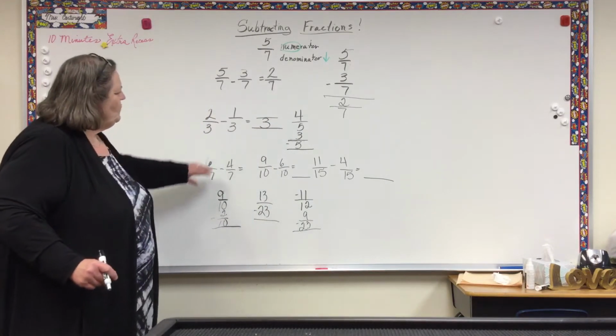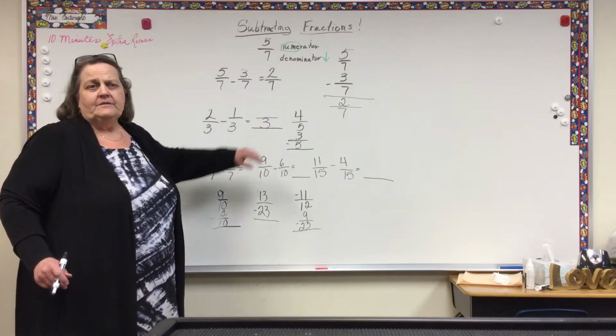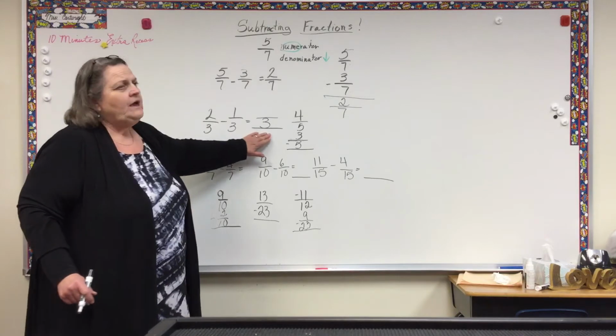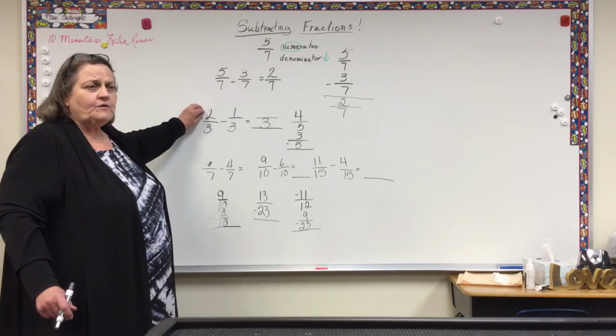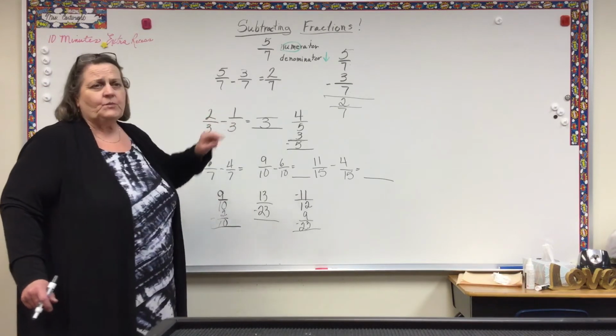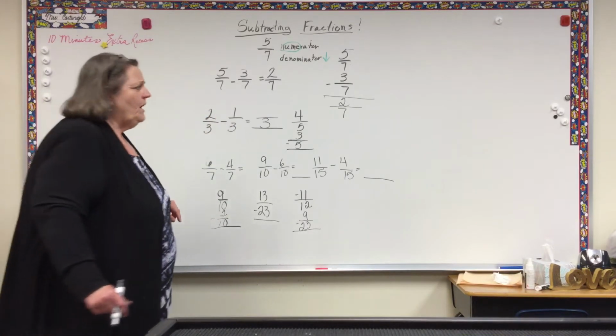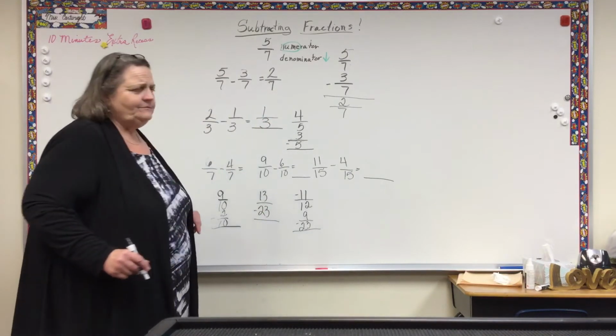I don't even work the 3's. I just bring it over, okay? The denominator's just brought over. The only thing you work is the numerator, the top number. So 2 minus 1 is what? 1. That was hard, wasn't it? I hope y'all could do that.